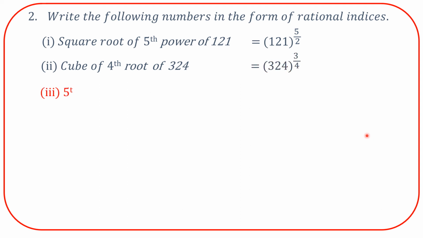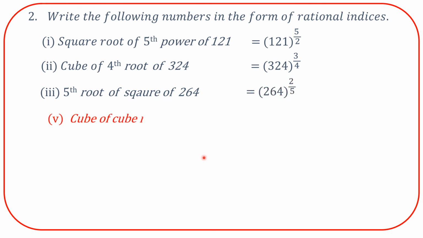Next example. Fifth root of the square of 264. Fifth root of square of means the numerator is 2 and the denominator is 5. Therefore we write 264 raised to 2 upon 5.